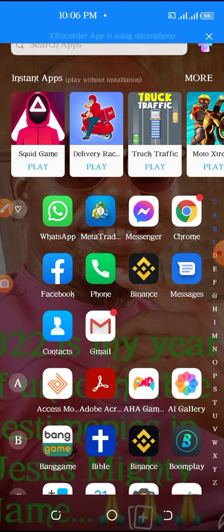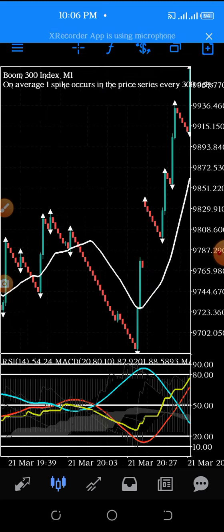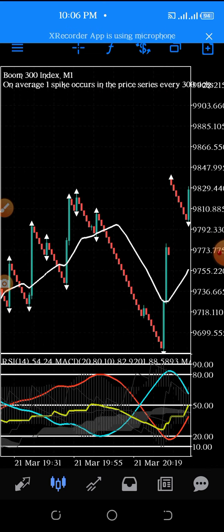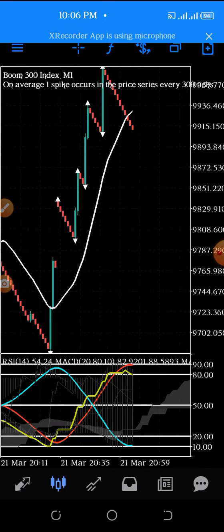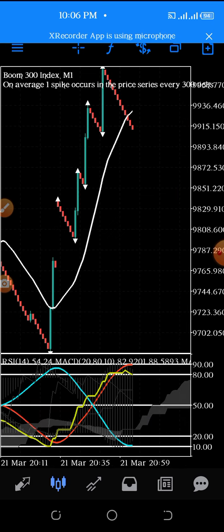So let's see it here. When you open this chart, you can see one white line on this chart, but I will tell you about it more later. That is a 21 moving average, but that should come later.